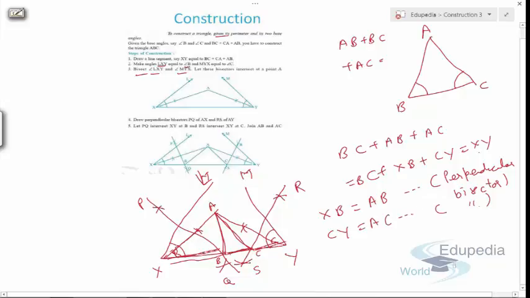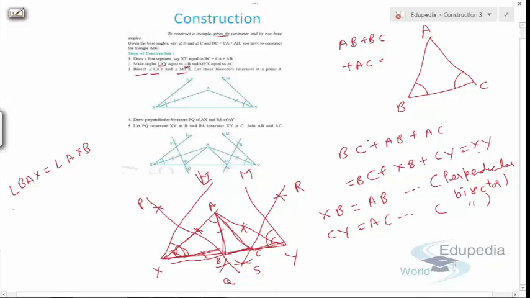Same reason, right? So we can say angle BAX equals angle AXB, means this angle is equal to this angle, because two sides are equal, the opposite angles are equal, right?